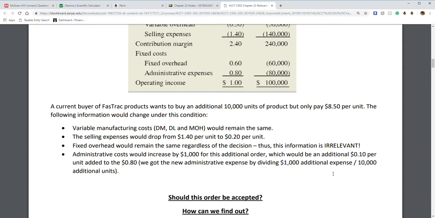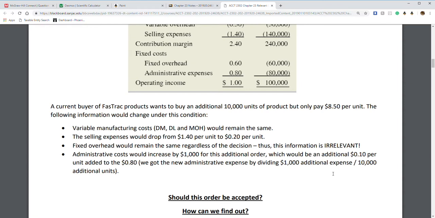Selling expense would drop from $1.40 per unit to 20 cents per unit. Nice. Fixed overhead will remain the same regardless of decision, thus the information is irrelevant. It doesn't matter how much we make on fixed overhead, the cost has happened and it still will go. So this is why it's irrelevant in this situation, because basically it's already done. The 100,000 units basically paid the fixed overhead already.